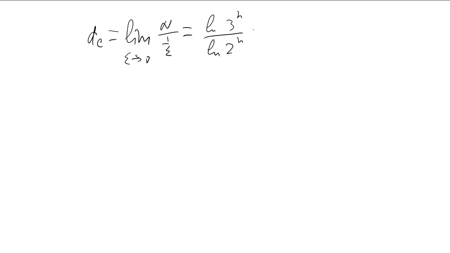The capacity dimension is limit of log N over log 1 over epsilon, when epsilon tends to 0, and this will be equal to logarithm of 3 to the power of n divided by logarithm of 2 to the power of n. This equals to logarithm of 3 over logarithm of 2. This is roughly 1.6.